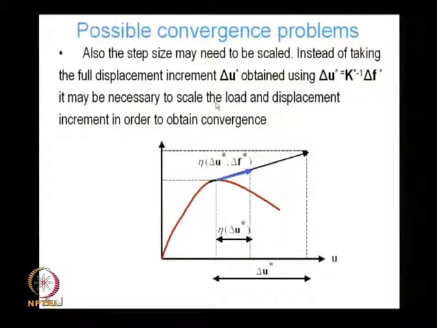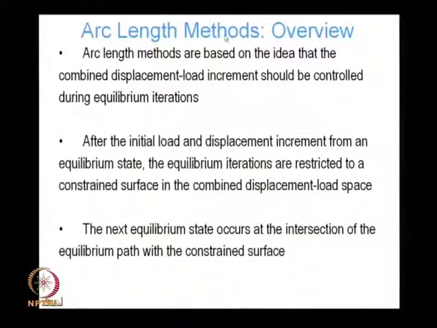Look at what I said: scale the load as well as the displacement increment, not just the displacement increment, also the load. Those are the basis of what are known as arc length methods.